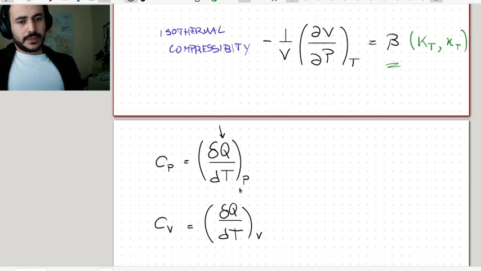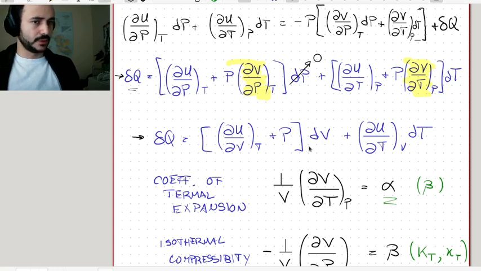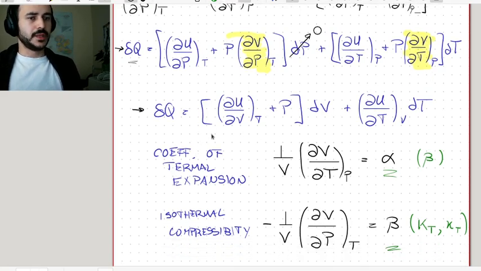Now, when the pressure is constant, differential of pressure is zero. So where do I have differential of pressure in these two expressions? In the first one. So it means that this differential of pressure is zero in a constant pressure process, which means delta Q equals partial of U with respect to T at constant P plus P partial of V with respect to T at constant P, times differential of T. If I divide by differential of T, this differential of T disappears.